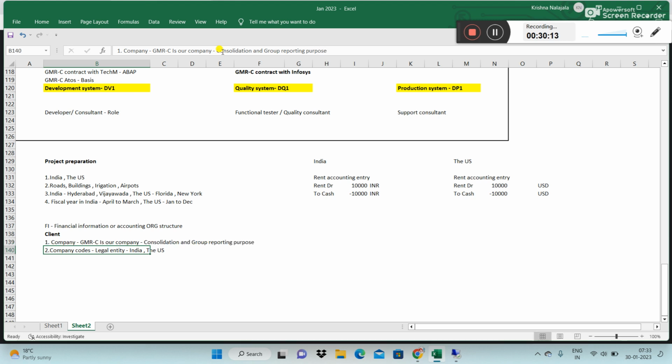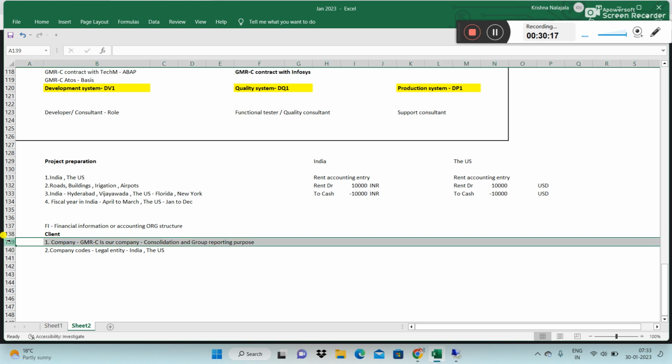Got it? Let me tell you, now you'll understand. GMR Construction Company originated in India, right? Let's say you ask GMR Construction, where is your company address? My company address is, let's say, in Hyderabad, high tech city, whichever place is convenient for him. He'll say that is my company address.